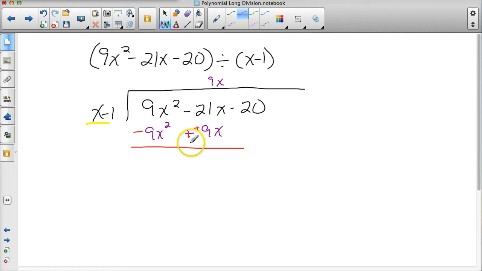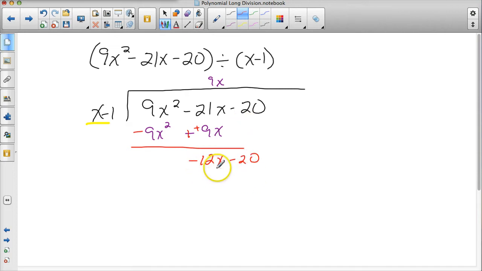What happens when you do that? Did you get negative 12x? Now, remember the next step is to bring down the next term in the polynomial.